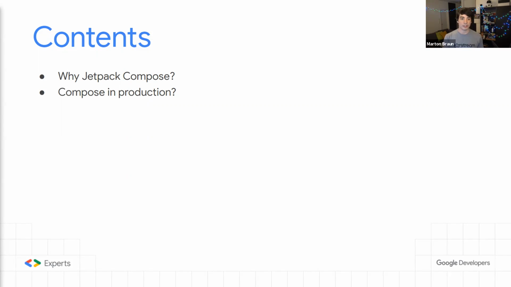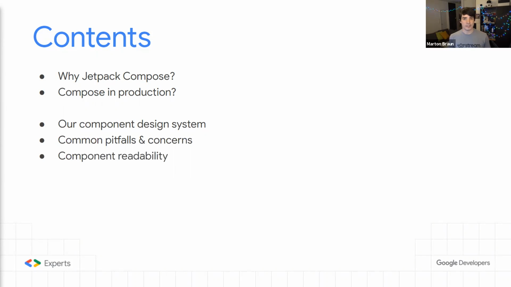And then we're going to take a look at some of the actual SDK and the code and what things we've done when implementing this SDK. So we're going to look at the design system that we came up with for the components that we ship. We're going to look at some common pitfalls and concerns around Compose. We're going to give you some tips on how to write readable Compose code so that you don't get lost in it. And finally, we're going to touch on how we've managed to provide customization in our Compose SDK.